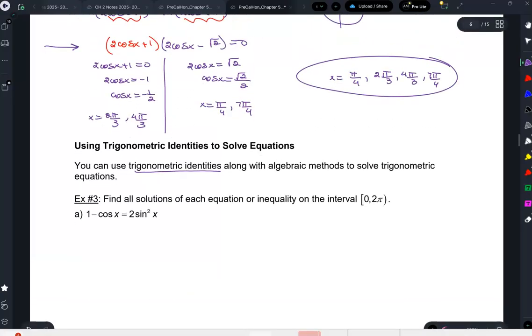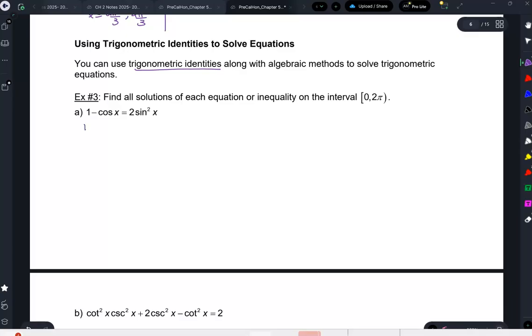Take a look at this situation. The problem here is, even if I move everything to the same side, I can't solve this with any method as we did before. I can't factor out a sine x. I can't factor out a cosine x.